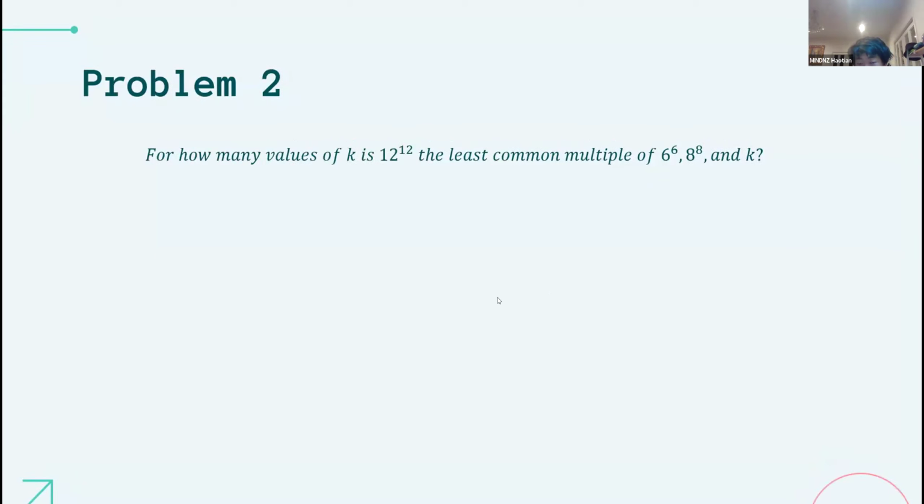We'll give you guys 1 minute to try this problem. Okay, hopefully that's enough time.